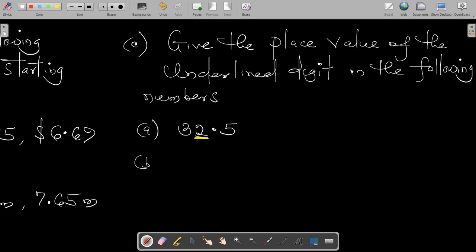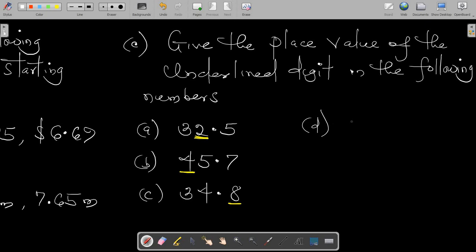So the B part, we have 45.7. Let me underline 4. The C part of the question, 34.8. Let me underline 8. Let's go to the D part of the question.